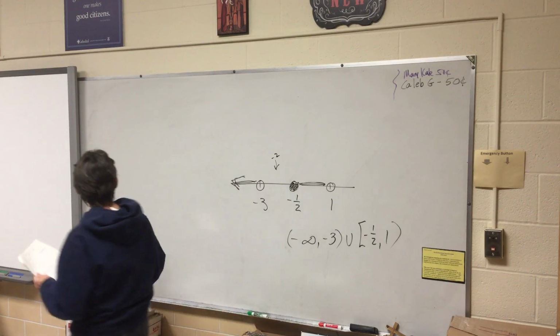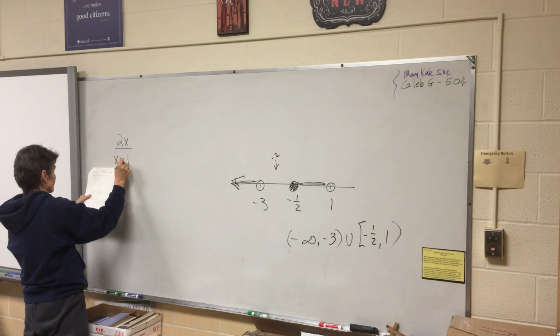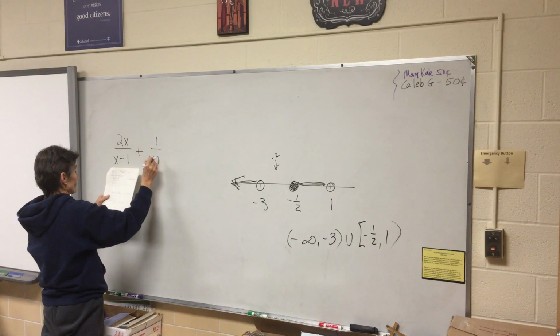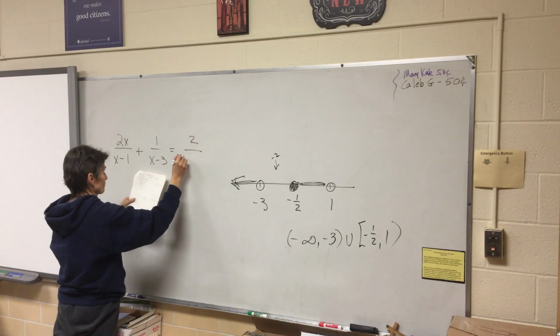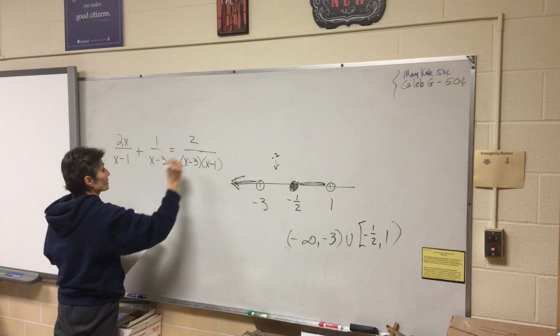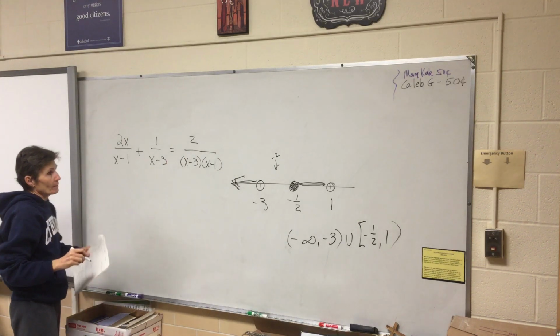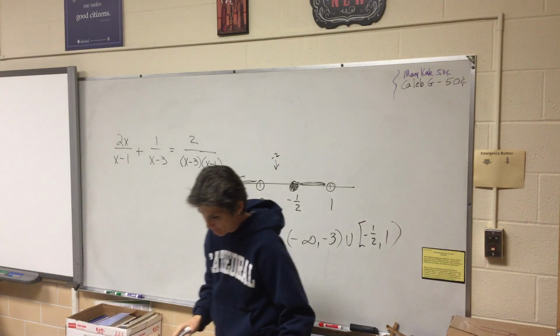All right, so number 2 looks like this. So what did you do first, Caroline? I multiplied the denominators on top. Okay, I hope first you factored that last denominator.